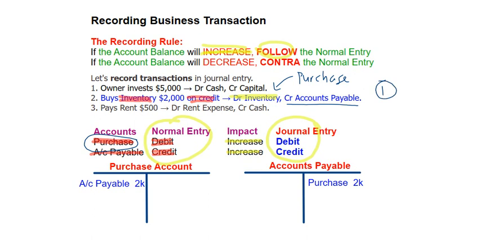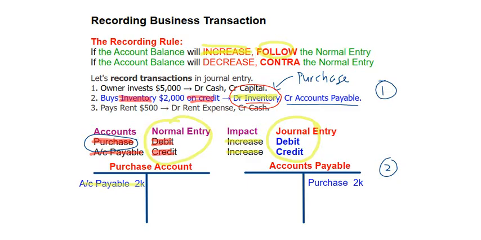The next step is to do the posting to the ledger. How do we go about it? Just look at the journal entry. It says that we need to debit inventory account, which in this case is purchase account. So we go to the left side of the equation and write down the description and the amount of 2,000.